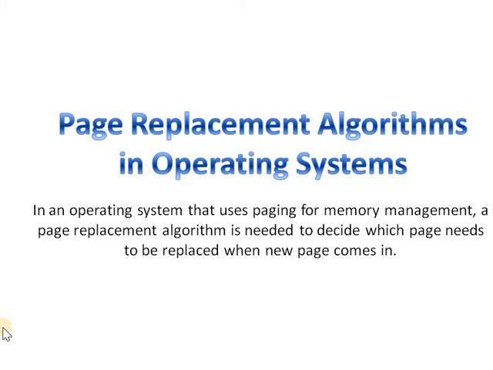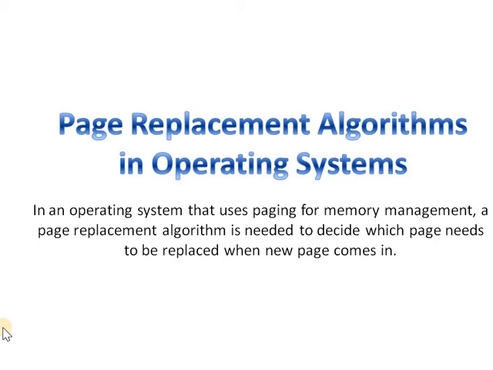When an executing process refers to a page, it is first searched in the main memory. If it is not present in the main memory, then a page fault occurs. So what is a page fault?